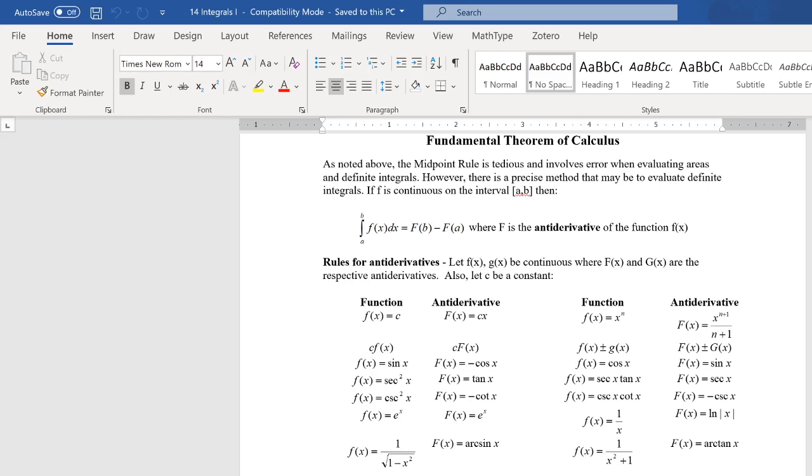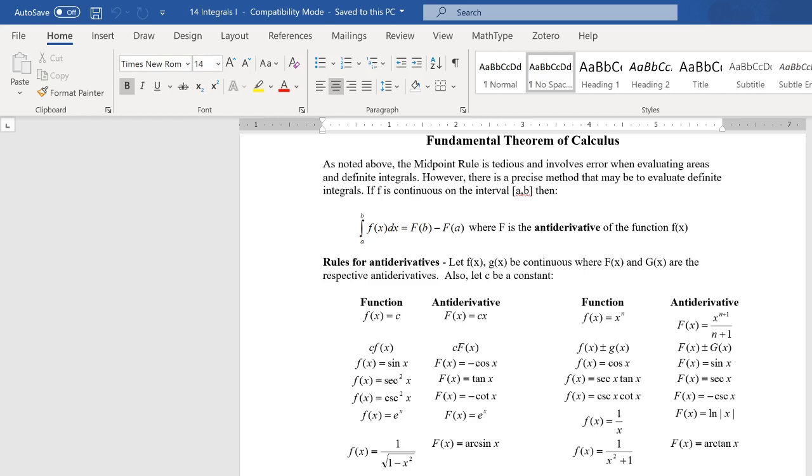The fundamental theorem says that if you have a definite integral, which means one that has bounds, then the integral equals what we will call the antiderivative of the function little f. The antiderivative is represented here by big F. And notice we plug in the upper bound b, and we always subtract plugging in the lower bound a.